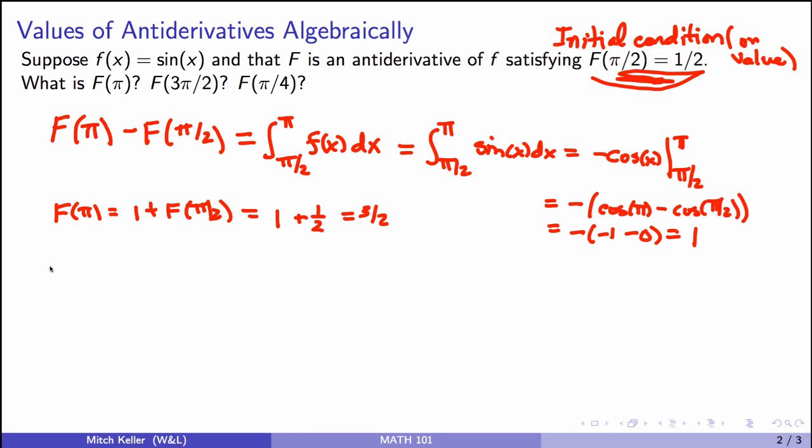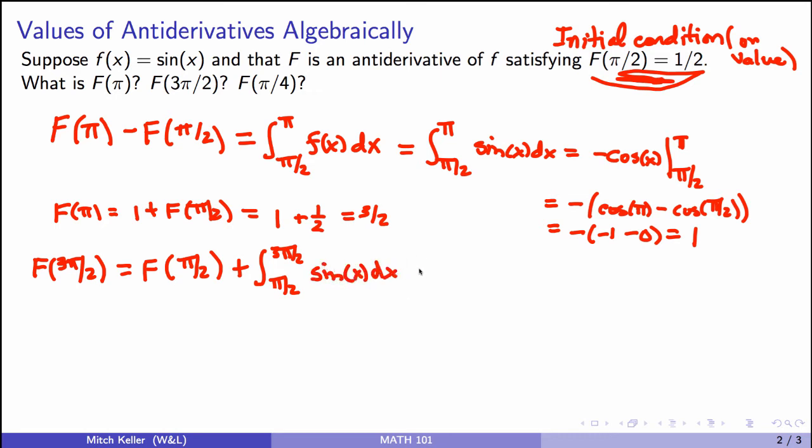We could also do this a little bit differently. I'm going to save that last algebra step. For F of 3 pi over 2, I'm going to just bump this over to the other side, rearranging what the Fundamental Theorem of Calculus tells us, so that this has to be equal to F of pi over 2 plus the integral from pi over 2 to 3 pi over 2 of sine x dx.